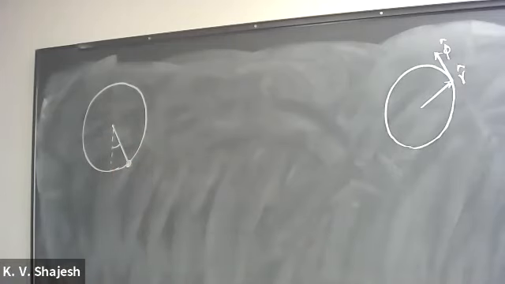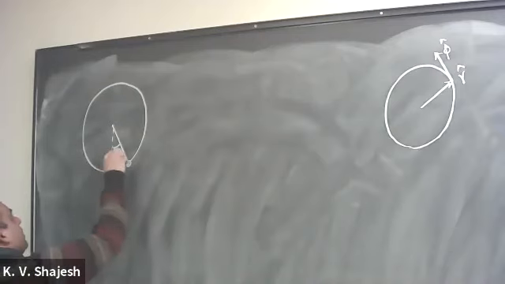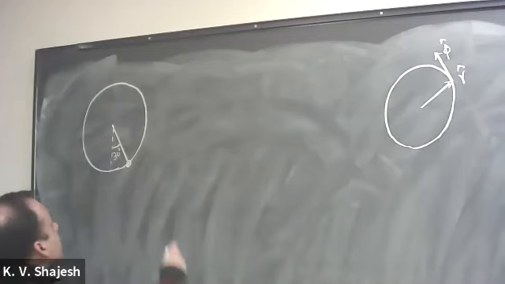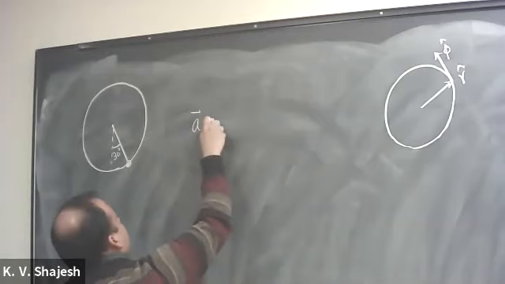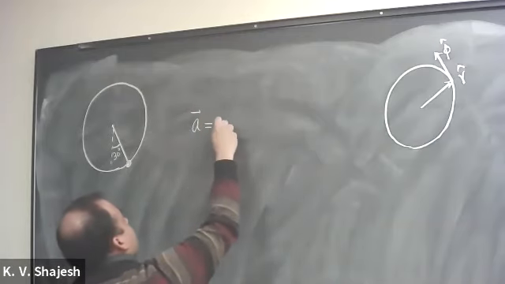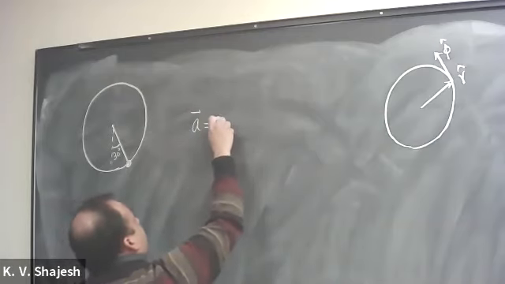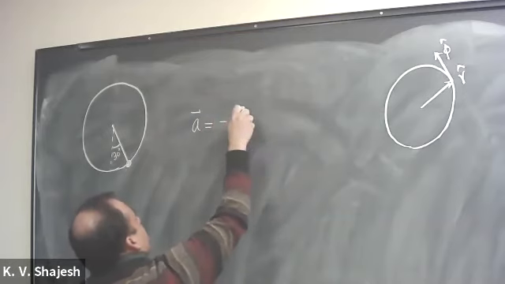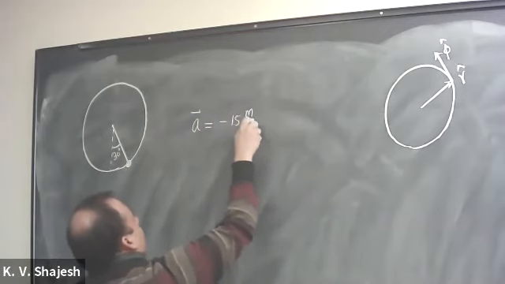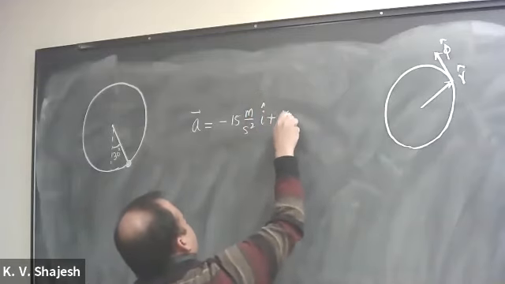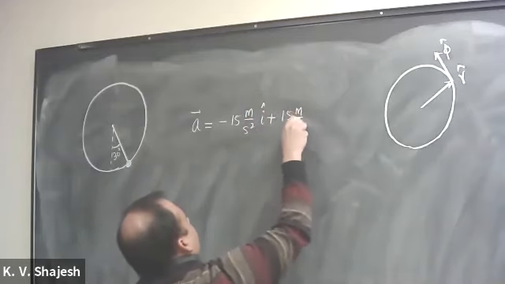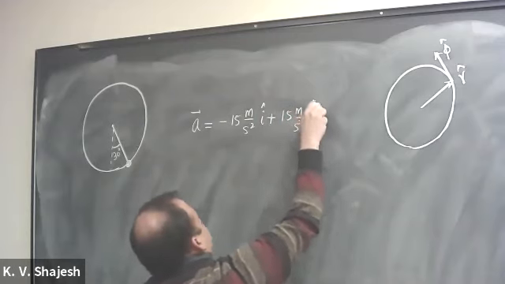A stone or a ball is being swung in a circle. You're given that the total acceleration of this object is minus 15 meters per second squared in the i direction, plus 15 meters per second squared in the j direction.